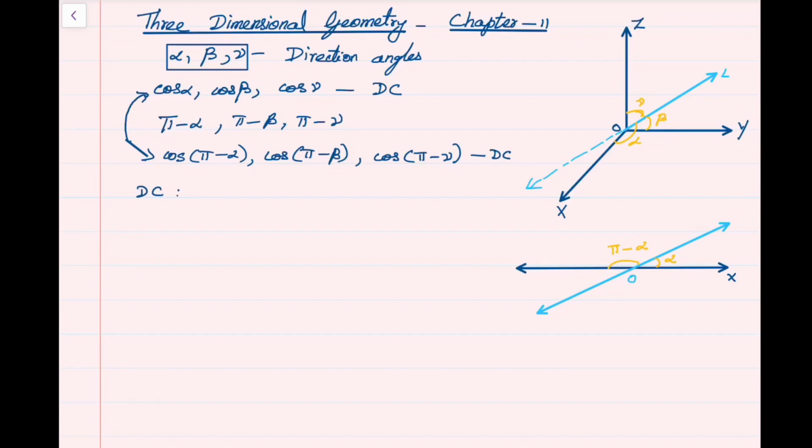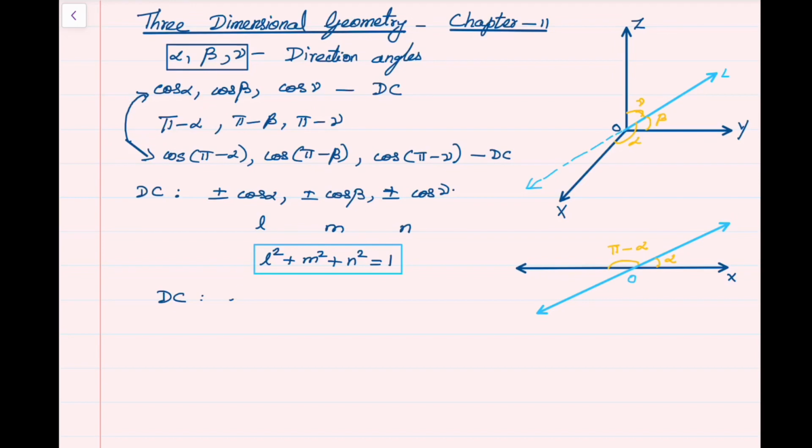Therefore, DCs of a line are plus or minus cos alpha, plus or minus cos beta and plus or minus cos gamma. And we denote the direction cosines by the letters L, M and N. And we know the relation between L, M, N: L square plus M square plus N square is 1.